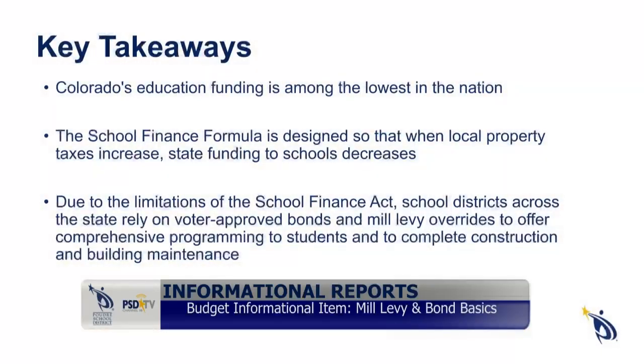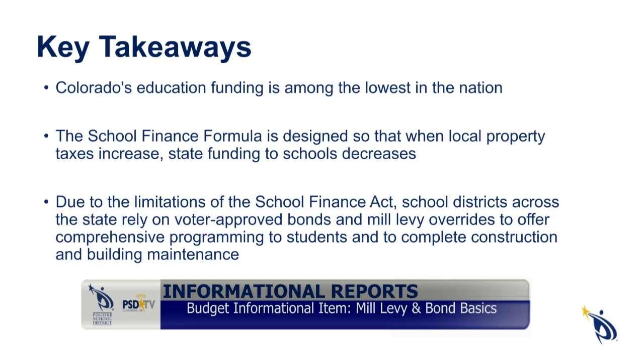And so that's concerning. And then to add to that, I like the doom and gloom sometimes, when thinking about total program, we're the lowest in the nation, and then we're the lowest in the state. So that doesn't feel good at all, right? So that's important to understand. And when the school finance formula is not providing enough resources to do what we need to do, we need to go out and ask our voters for that support.